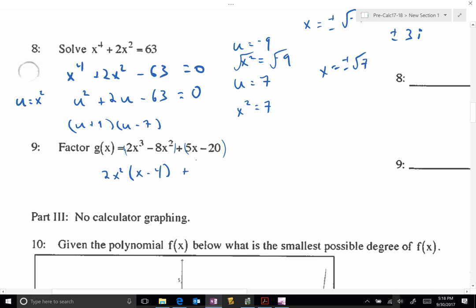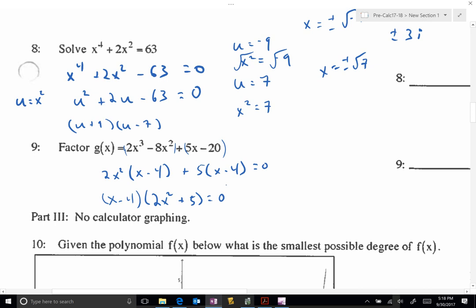And in the second grouping, I'm going to factor out a 5 and be left over with an x minus 4. And so altogether, I'm going to end up with an x minus 4 times a 2x squared plus 5, which these are being set equal to 0.